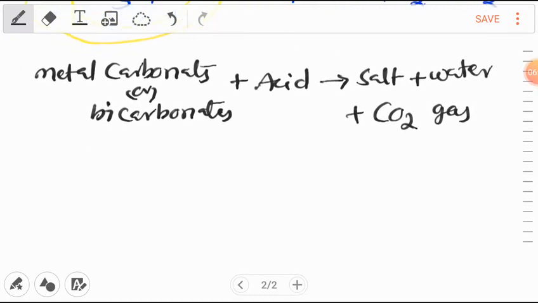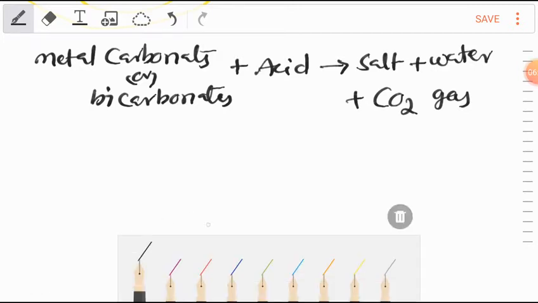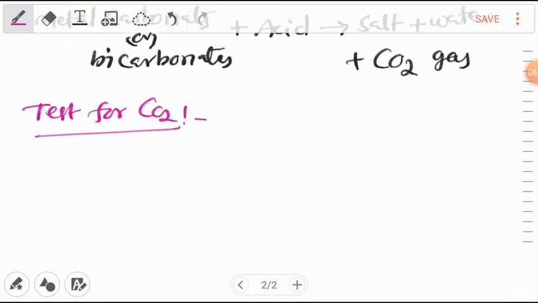So this is the generalization you can make. And next, the test for carbon dioxide, test for CO2. What test do we make?